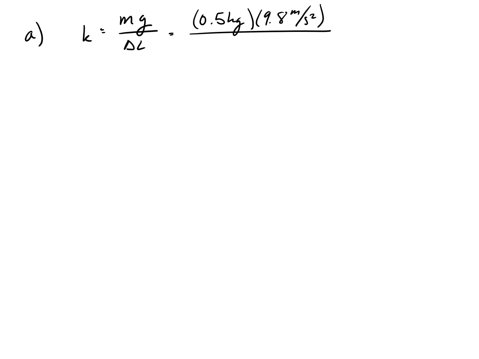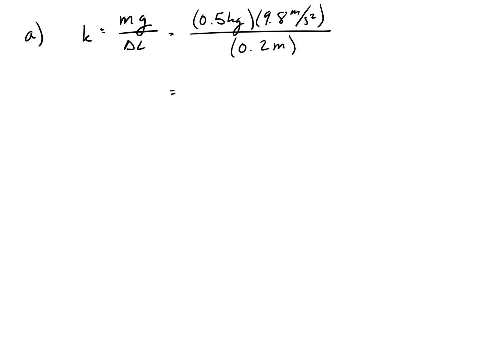So for A, we're going to start with k is equal to mg divided by delta L. So our mass is 0.5 kilograms. g, because we're on Earth, is 9.8 meters per second squared, divided by the change in L, which was given as 20 centimeters, or 0.2 meters.